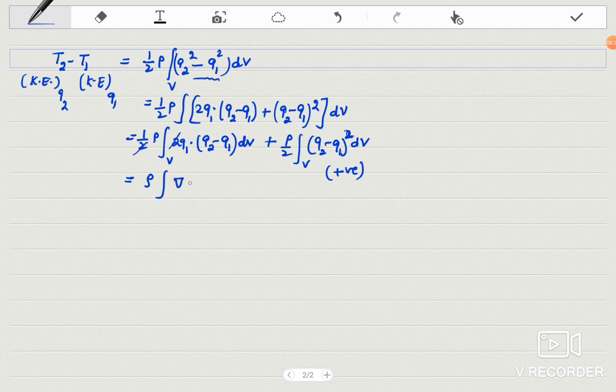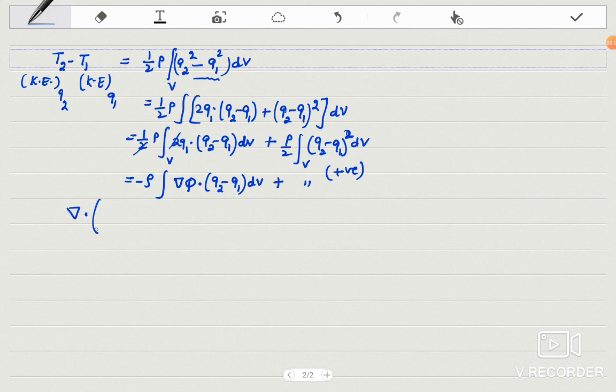In place of q1 I may write minus delta phi, because q1 corresponds to irrotational motion, so q1 may be written as minus delta of phi, giving minus rho times the integral of delta phi dot (q2 minus q1) dV plus the same expression. Now I will find the value of another expression.